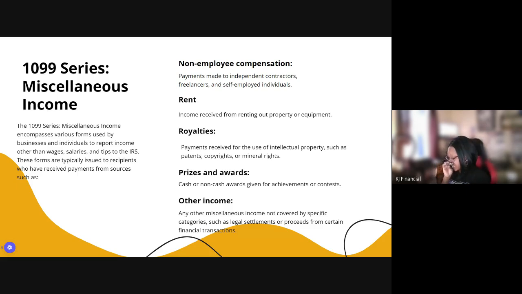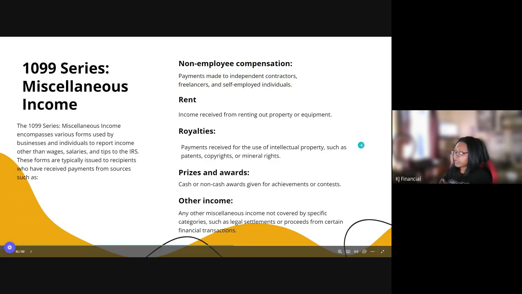That is a 1099G. The other ones I can't think of what their numbers are right now. I want to say the royalties is 1099 INT, but I'm not sure offhand. Then you have your other ones, which are not specifically categorized, so they become the miscellaneous 1099.